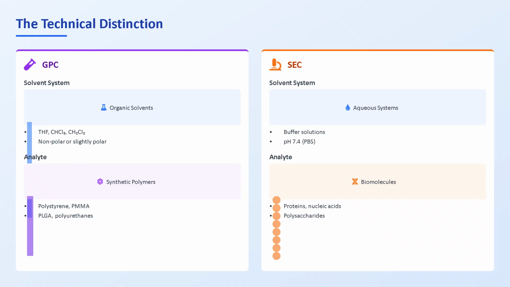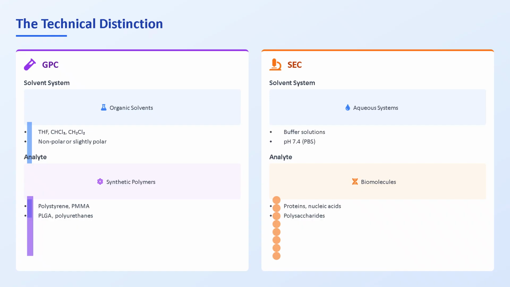This is where the terminology truly separates audiences. When someone says GPC, they're usually talking about synthetic polymers dissolved in organic solvents like THF or chloroform. Think polystyrene, PMMA, PLGA, classic polymer chemistry.